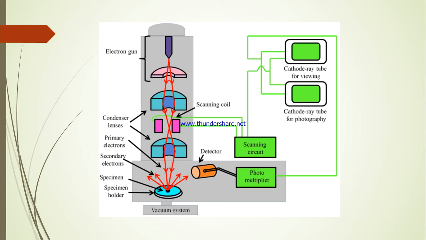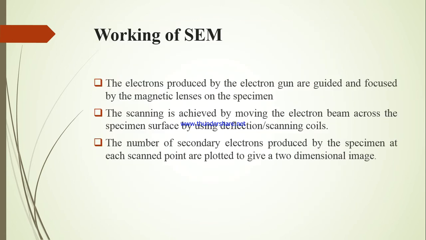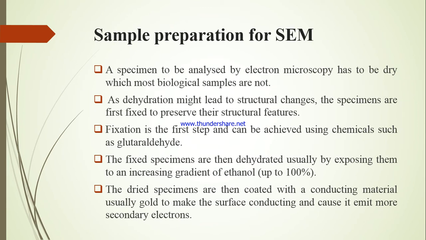Then such information is transferred to the cathode ray tube, where the signals are converted into an image in a 3D format. This is how the scanning electron microscope works.